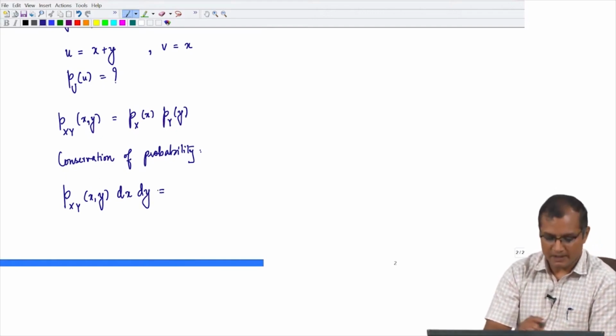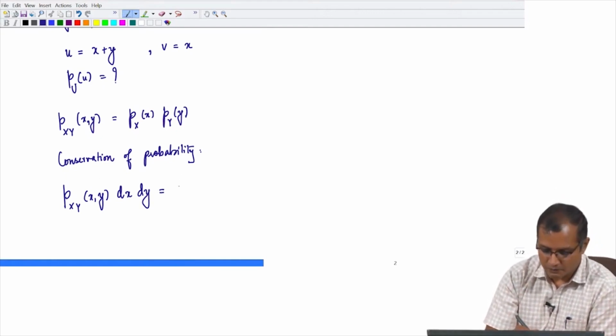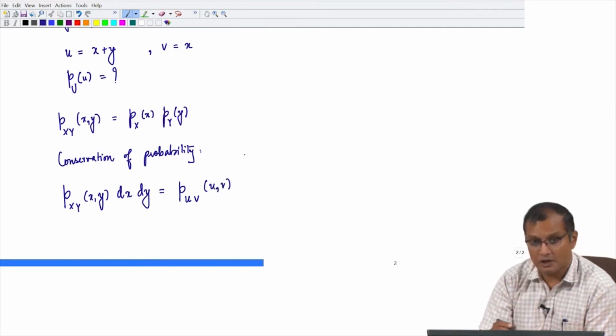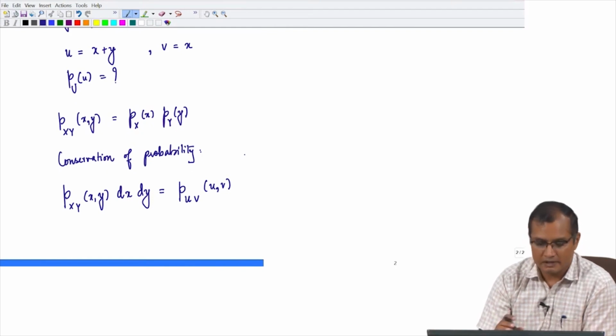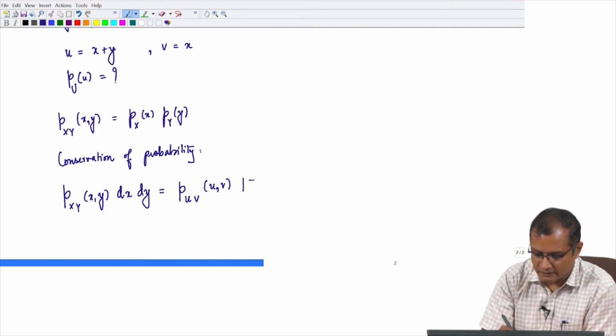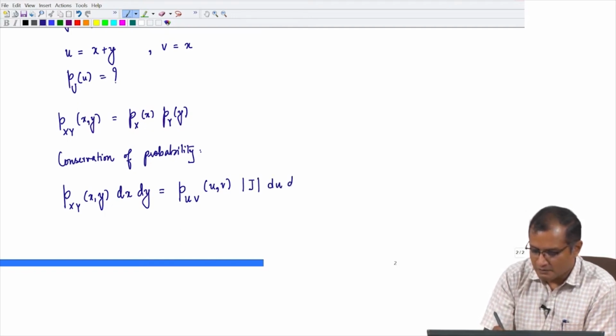and basically this should be equal to the PDF of u, v, p of u comma v, into, now there is an amplification factor involved because I have gone from x, y to u, v. So, there is an amplification factor here, that is the Jacobian, into du dv.